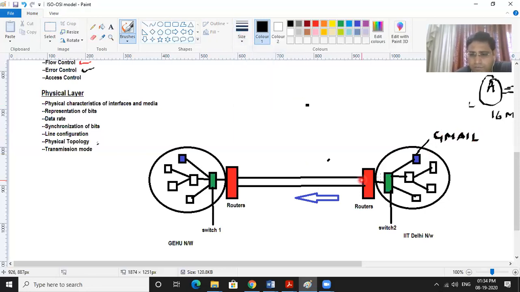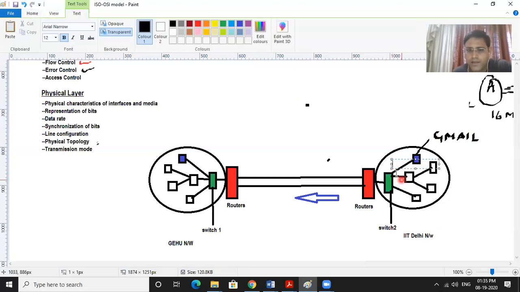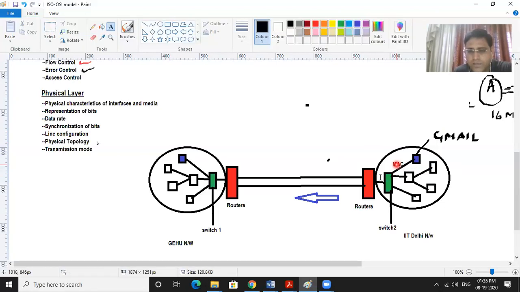Now, from this node, from this system to this switch, what address will work here? Here, our MAC address will work, that is the physical address. The MAC address will work inside the network because switches know the MAC address of each and every node.